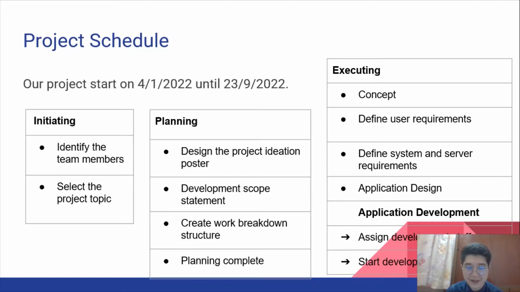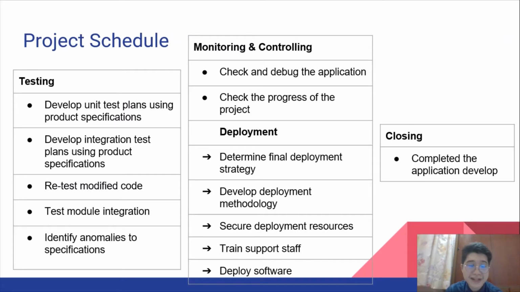The next step is executing: define user requirements, refine system and server requirements, application design. Then application development: assign development staff, and staff developing. The next step is testing: develop unit test plan using product specification.